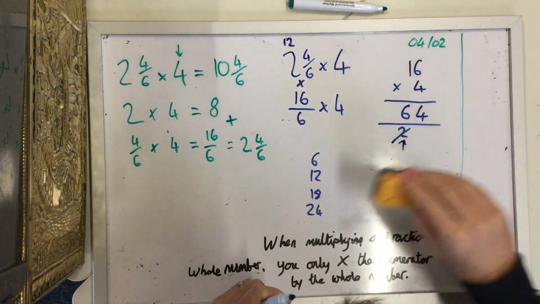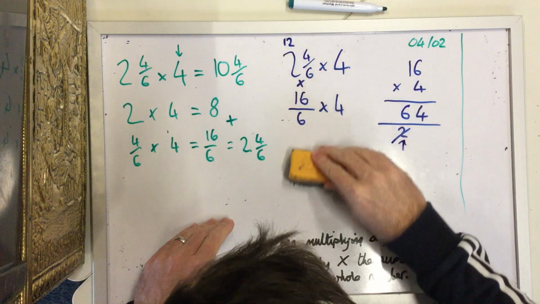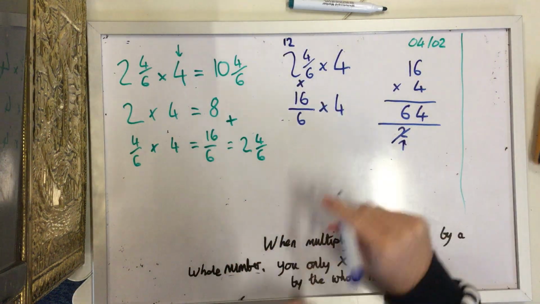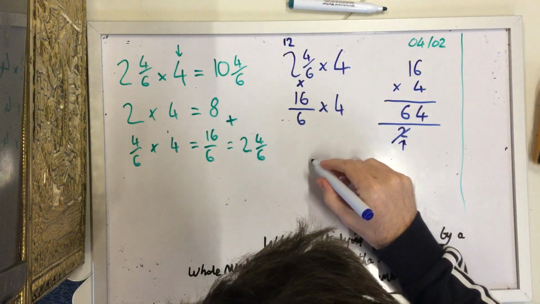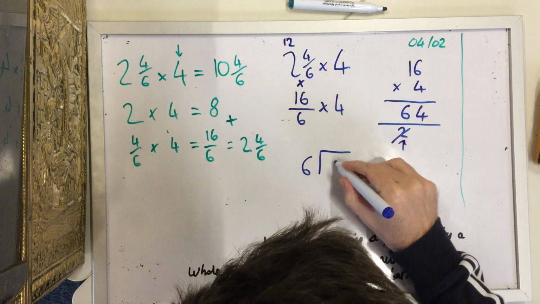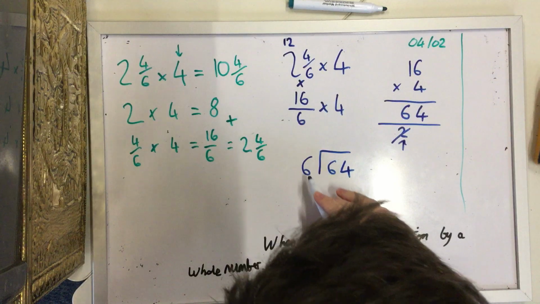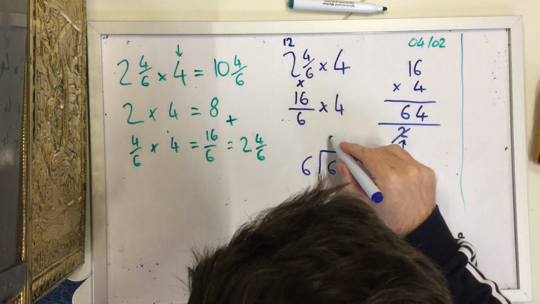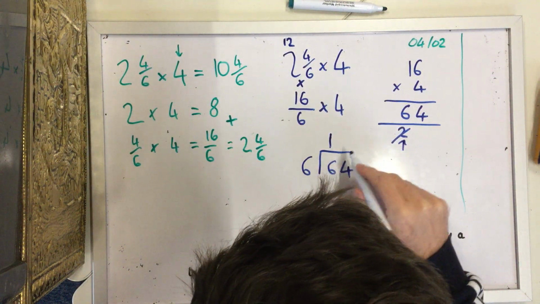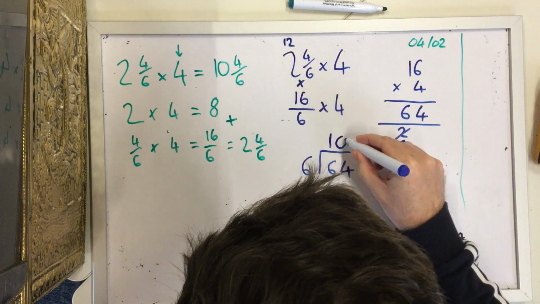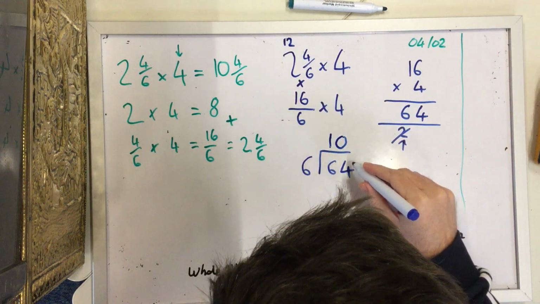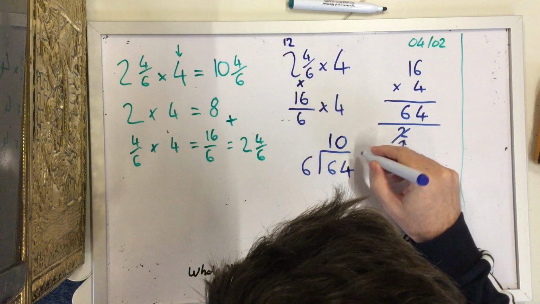Some of you might be saying this gets a bit more confusing if you're not sure. So we've got 64, and we're going to divide it by 6. So 6 into 6 goes once. 6 into 4 doesn't go, does it? So it's 10, but then we've got a remainder of 4.